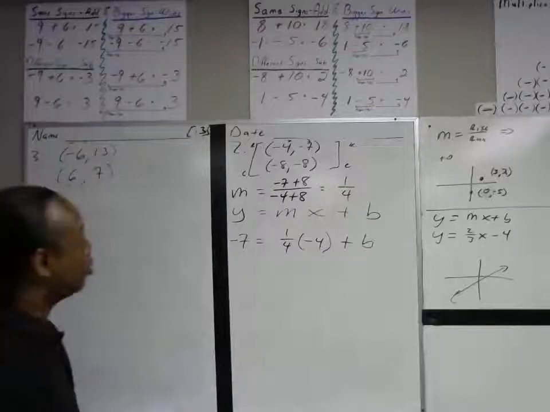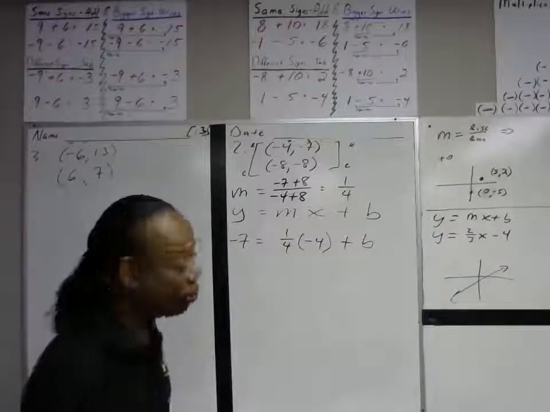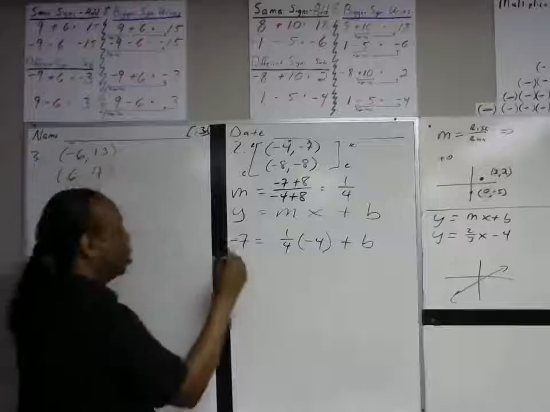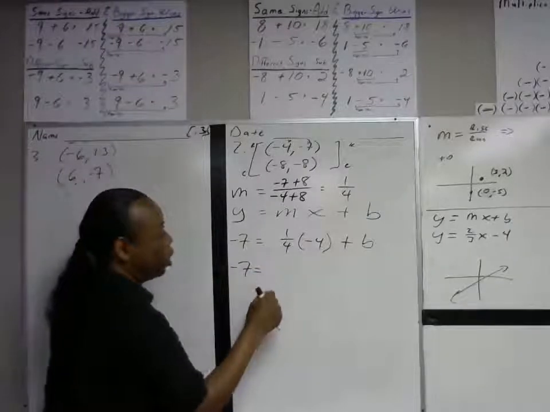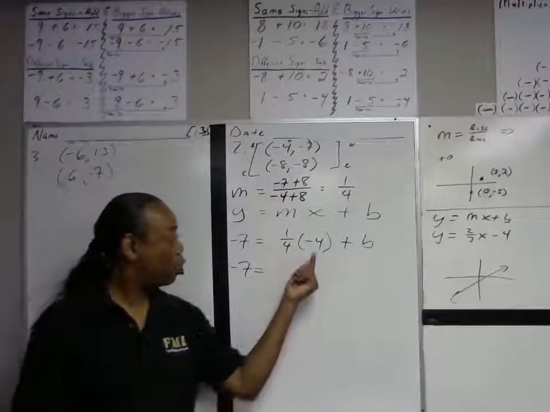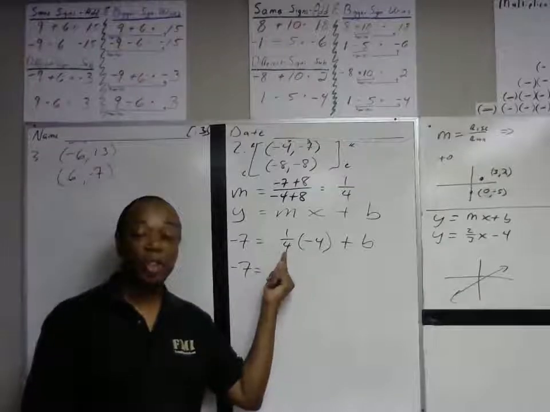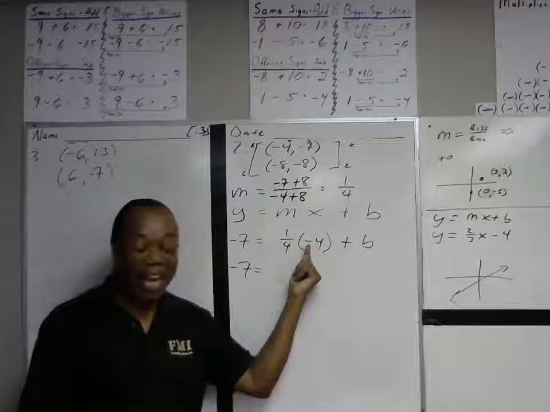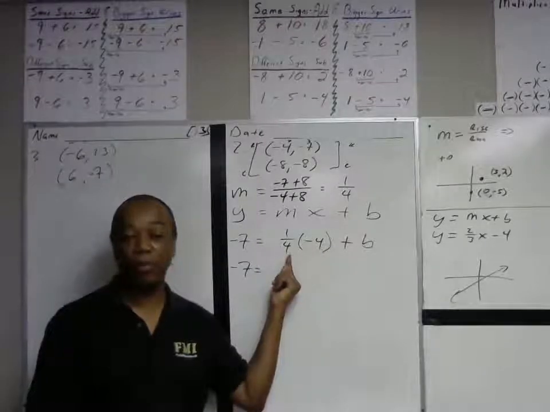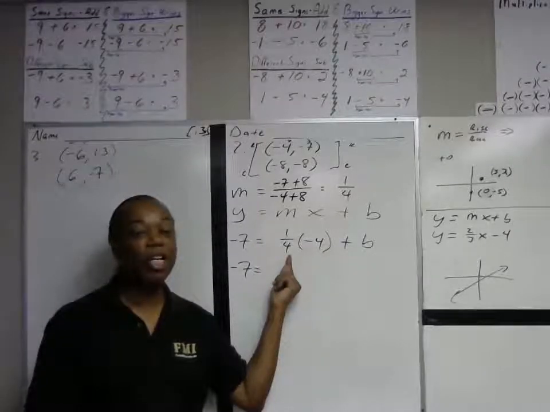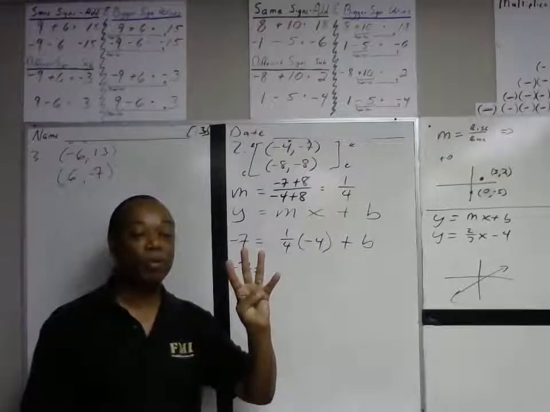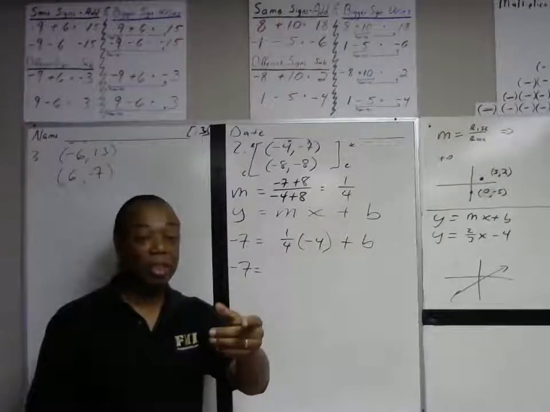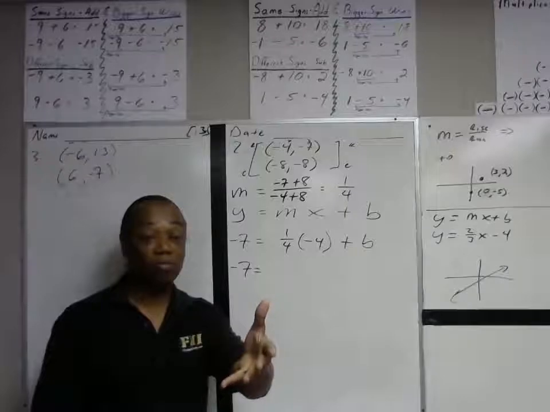All right, so let's go ahead and finish this up. Remember, denominators for division. So what is negative 4 divided by 4? It's a negative 1.